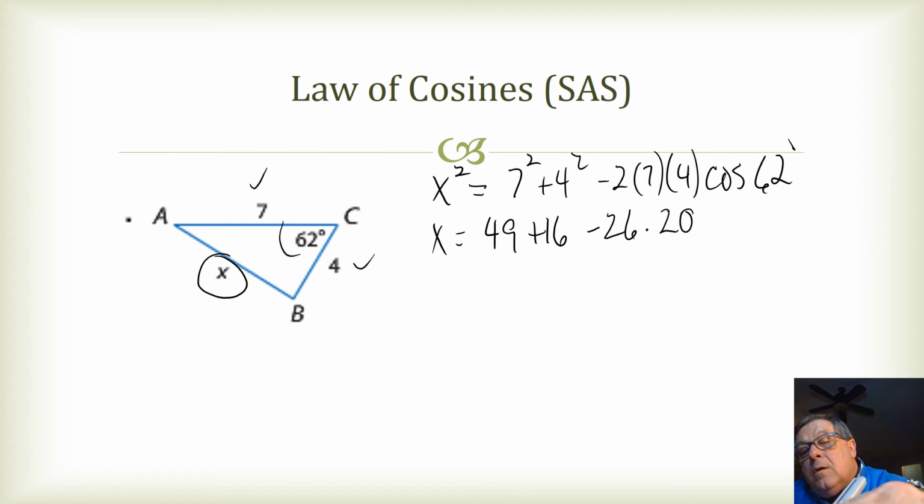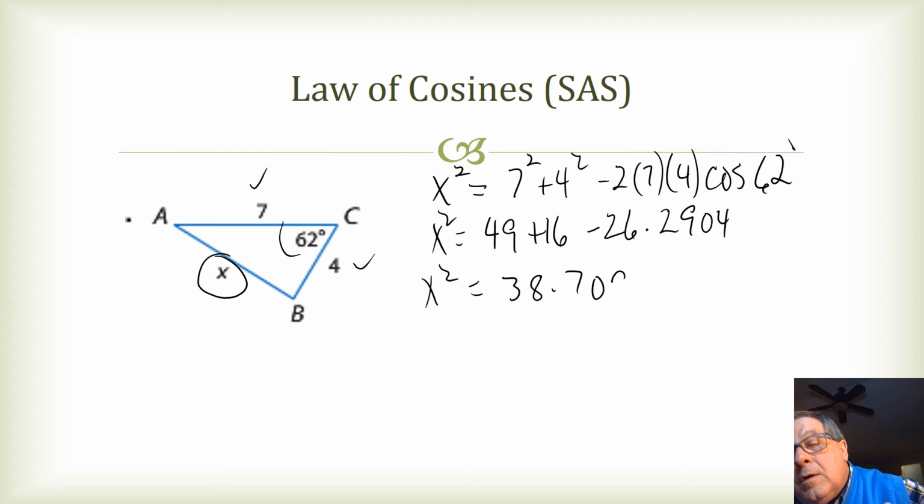So then x squared is equal to 49 plus 16 minus 26.2904, which is 38.7096.